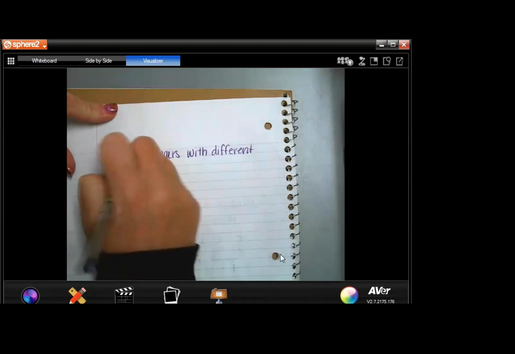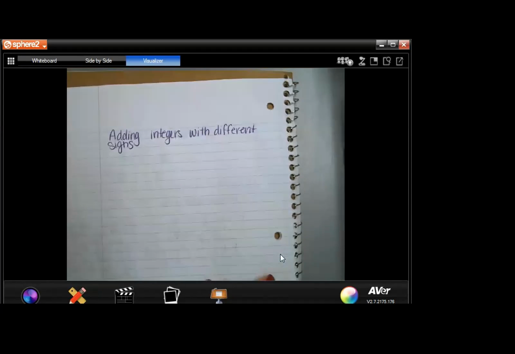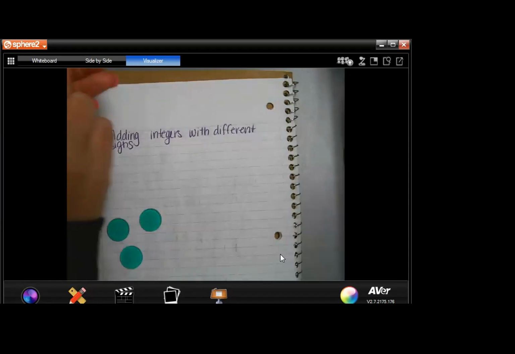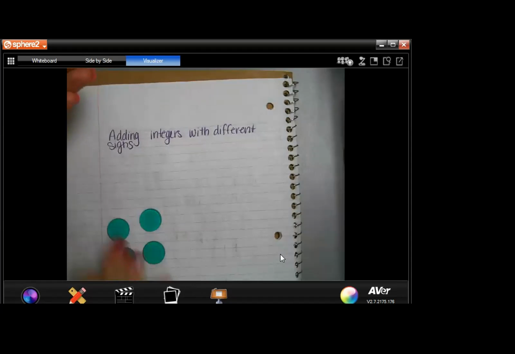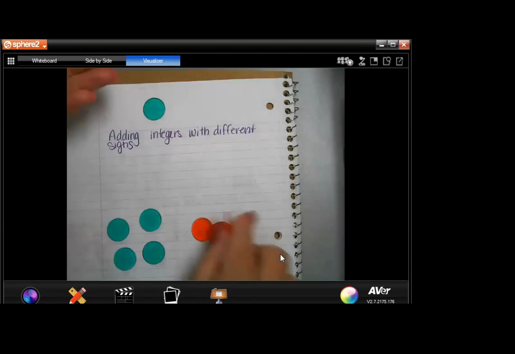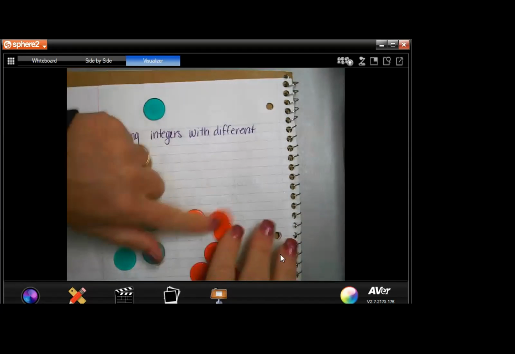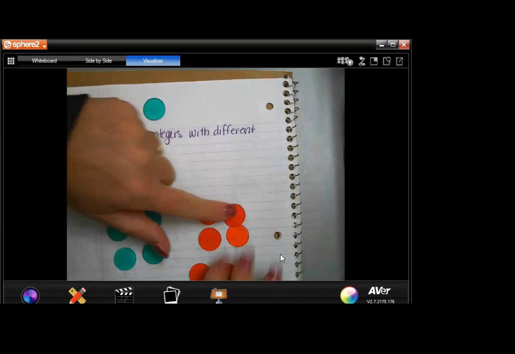So basically now we're going to add numbers together that have different signs. Prime example: if I have 4 and -6, I have 4 plus -6, okay?